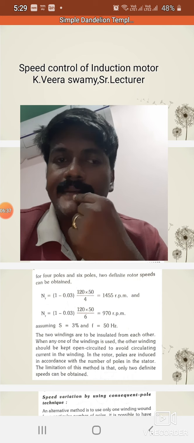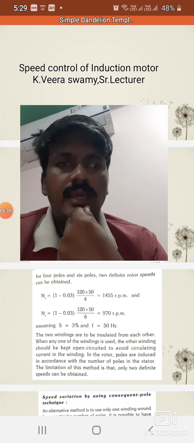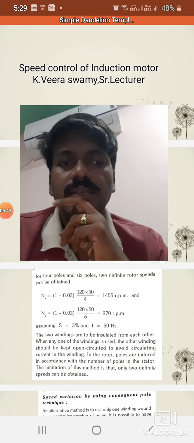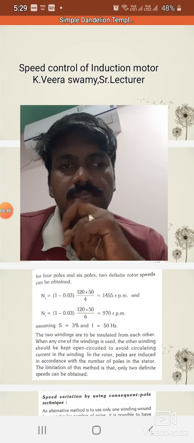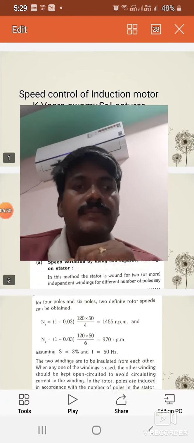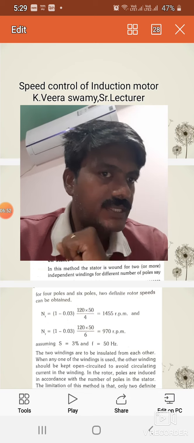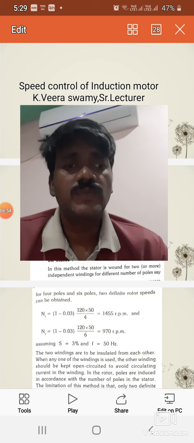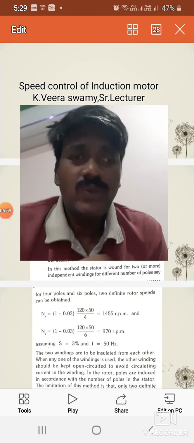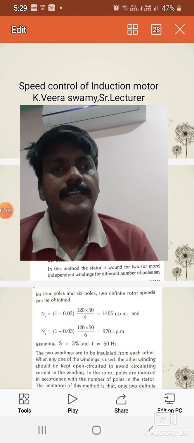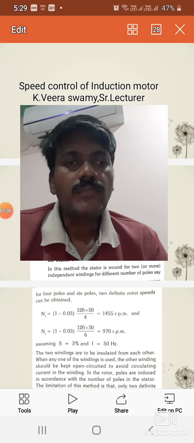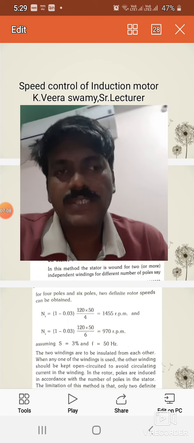And in this case, merely changing the frequency may cause saturation of the magnetic field. Our air gap flux is saturated. Why? Because the induced EMF in the stator circuit or rotor circuit, right, depends upon flux and frequency.